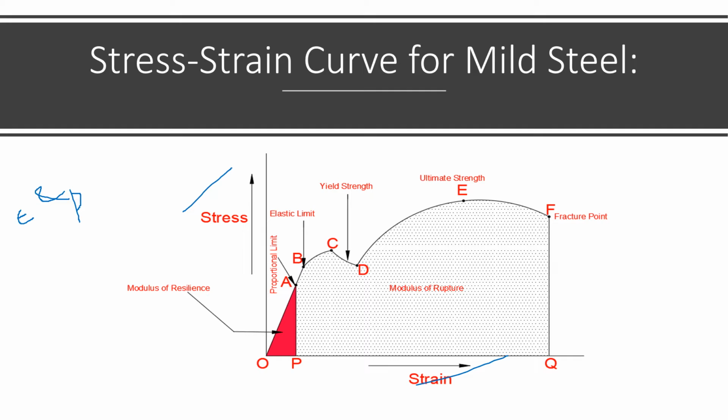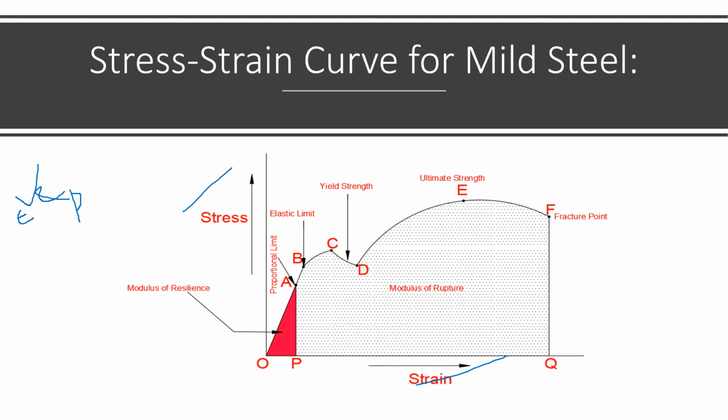Hooke's law says stress is directly proportional to strain. Elasticity means the material regains its original position after removing the external load, and plasticity is where permanent deformation occurs in that material. These are the basic terms to remember before starting the stress strain curve for mild steel.